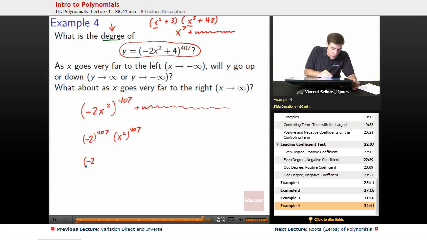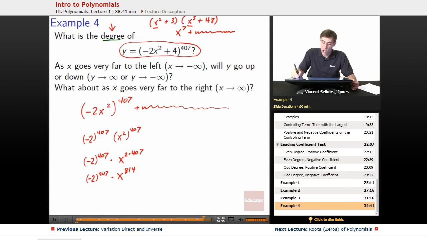So we've got negative 2 to the 407 times x to the 2 times 407, which is x to the 814. So our degree is n equals 814. That is our degree for this polynomial.